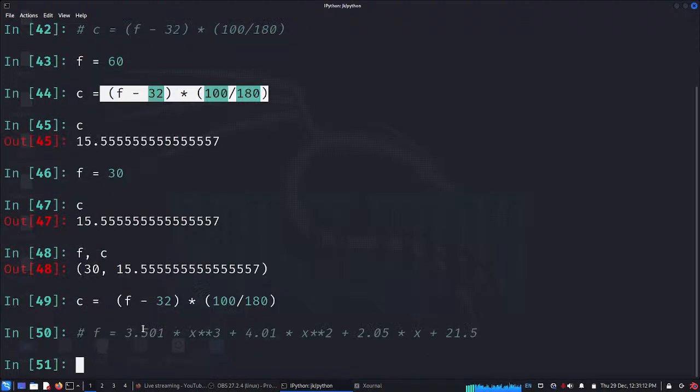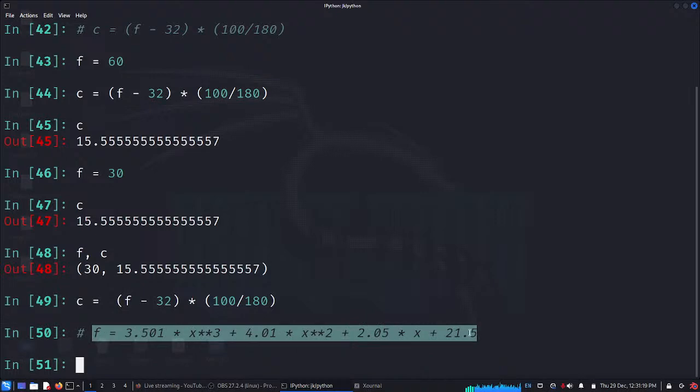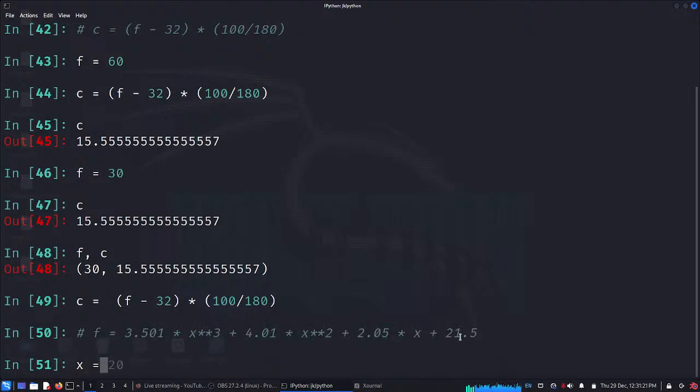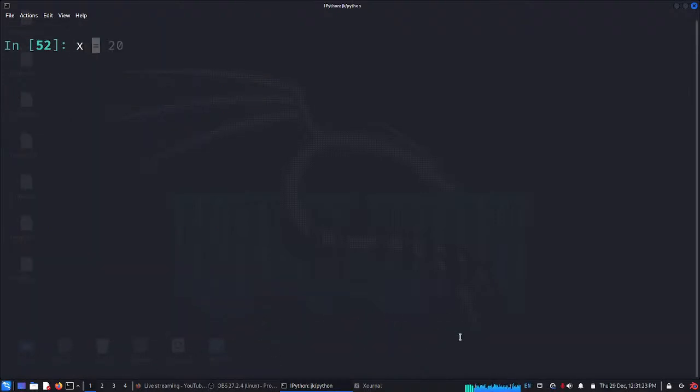Suppose this is my formula. Say x equal to 1.5, and I set that.